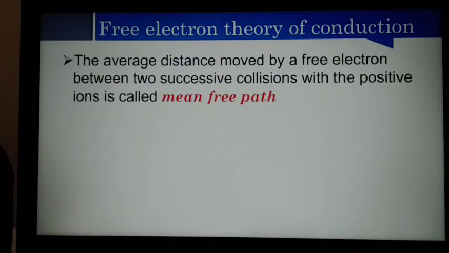While traveling through the conductor, they can collide with the positive ions. So between two successive collisions, what is the average distance moved by a free electron? That is known as the mean free path.